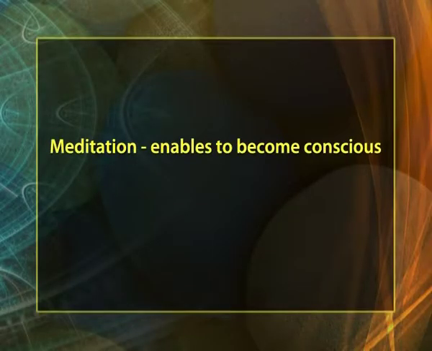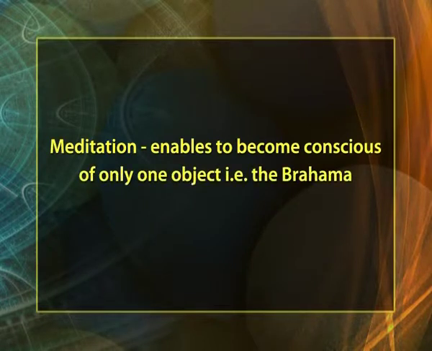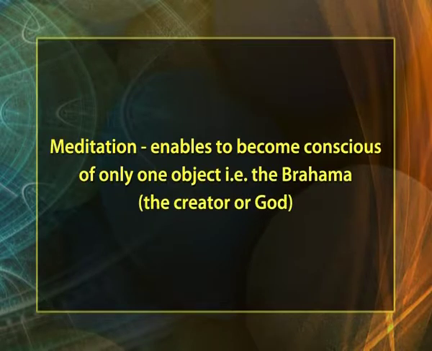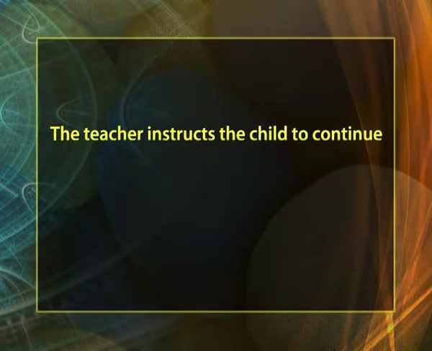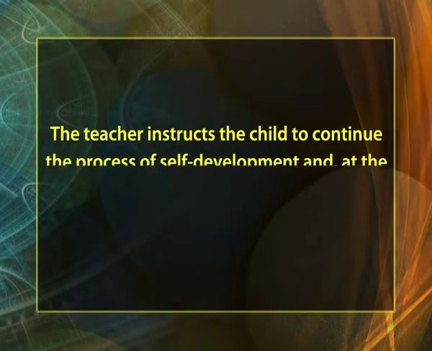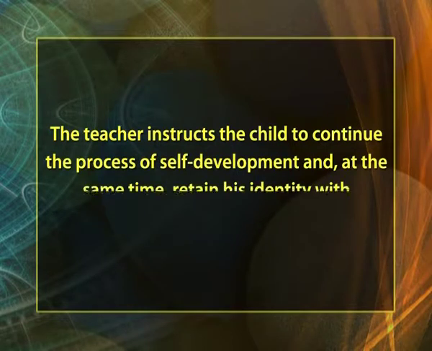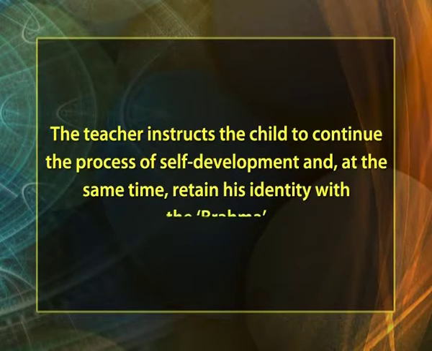Compared to intellectual appreciation of the truth, meditation enables one to become conscious of only one object, that is the Brahma or the Creator or the God. The teacher instructs the child to continue the process of self-development and at the same time retain his identity with the Brahma.